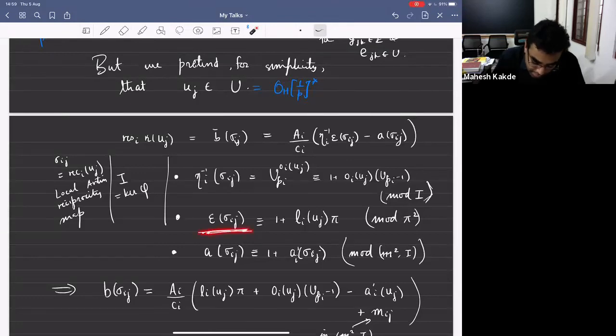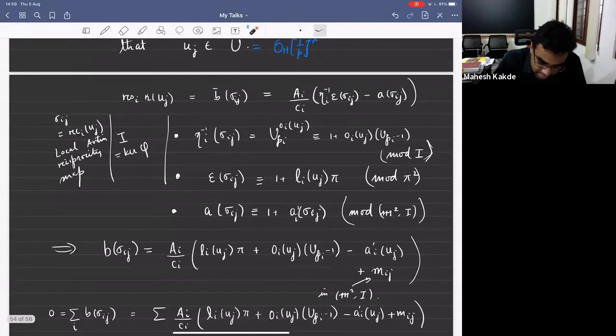And then the lambda-adic cyclotomic character, this is more or less by definition 1 plus log applied to that element times pi plus something to some power, but modulo pi square, it is just 1 plus log times pi. So this is again by definition of what the lambda-adic cyclotomic character does.